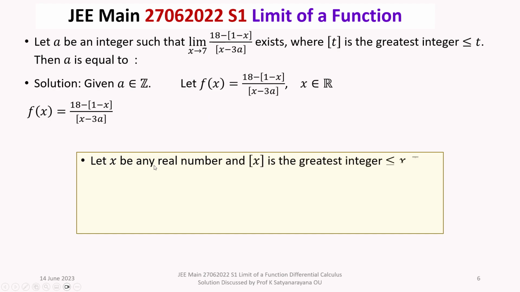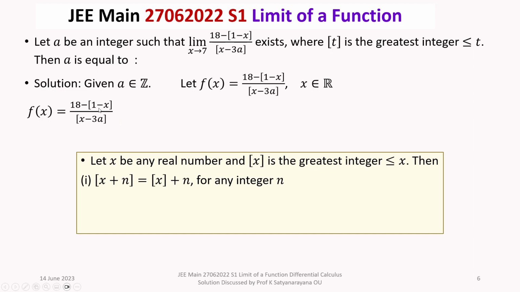Let x be any real number and bracket x is the greatest integer less than or equal to x. Then the first property says bracket of x plus n, where n is any integer, is equal to bracket x plus n.